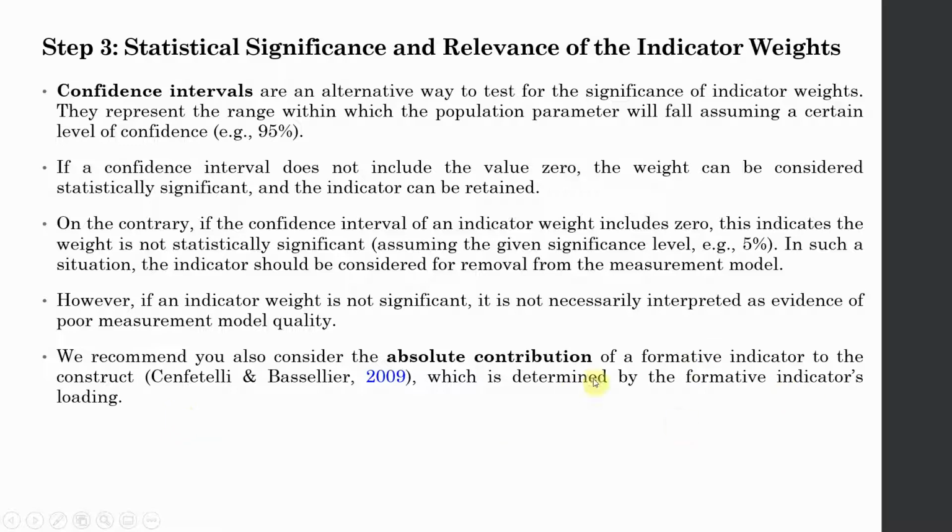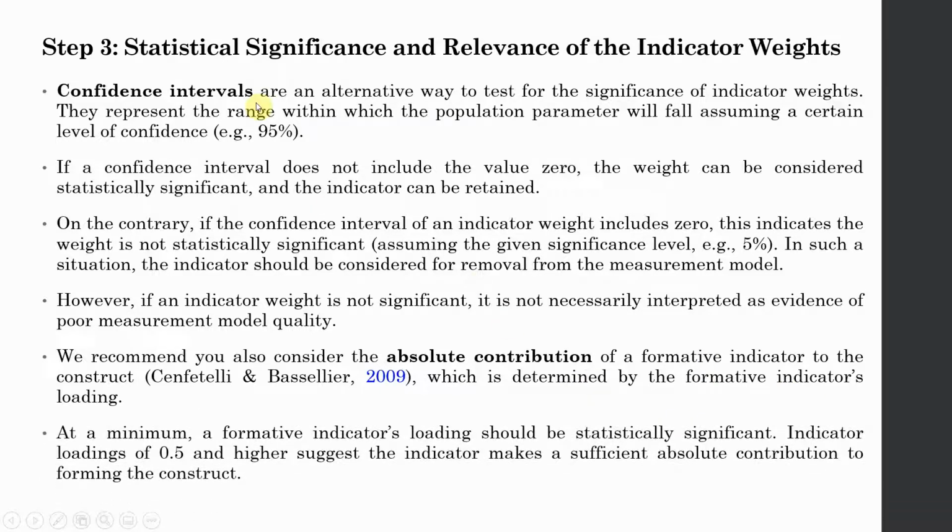I'm going to tell you how to do this. But first, let's look at the confidence interval. And again, your loadings should be greater than 0.50. Obviously if it's 0.5 or higher, this suggests that there is an absolute contribution of that indicator in forming the construct, and we should retain it.